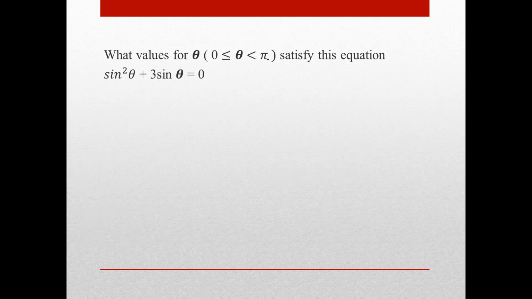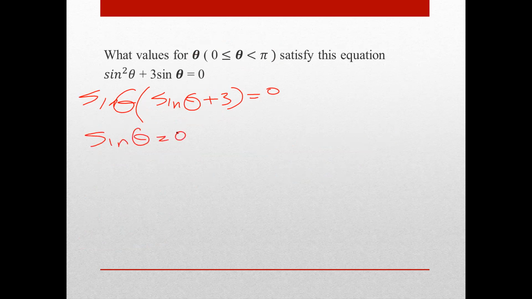Now here, sine squared of theta plus 3 sine theta equals 0. Yes, take sine as a common factor. Sine theta times sine theta plus 3 equals 0. So sine theta equals 0 or sine theta equals negative 3.